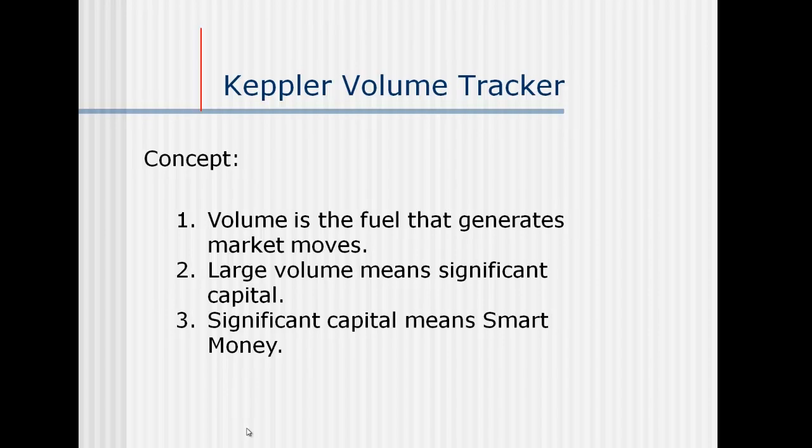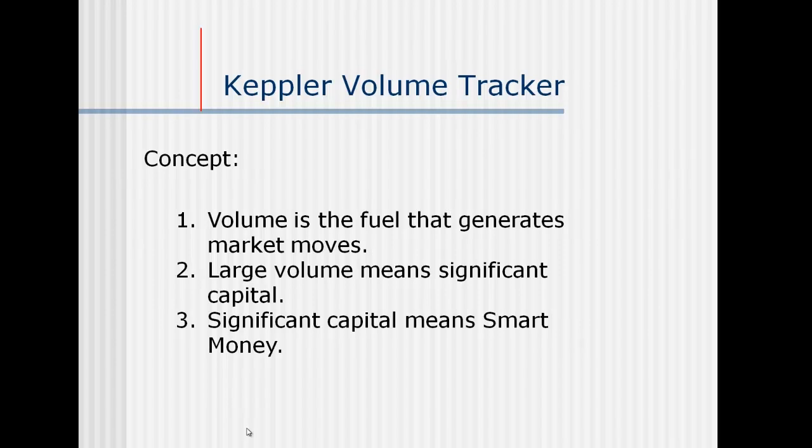Now, most traders have come across or have heard the term smart money. Smart money is really a term that's often used to describe major market participants, be they large institutional funds, be they banking interests, be they market makers, but they are significant entities with significant amounts of capital, and they have the wherewithal to move the market.